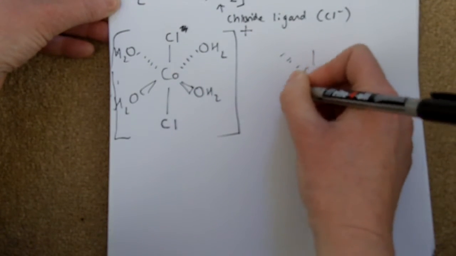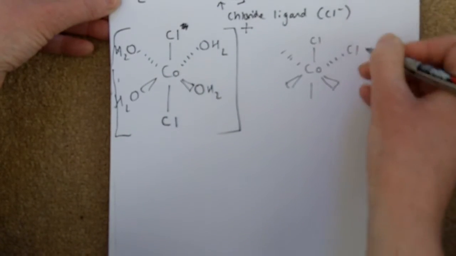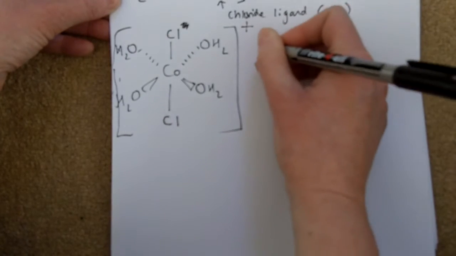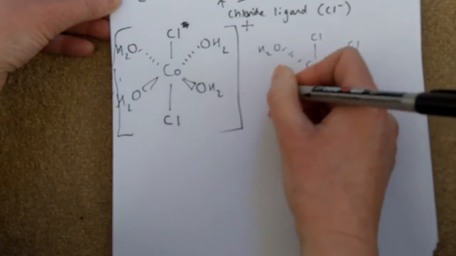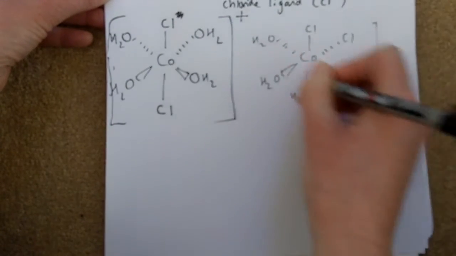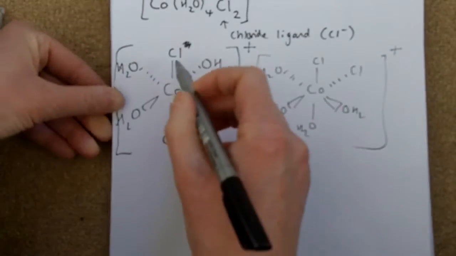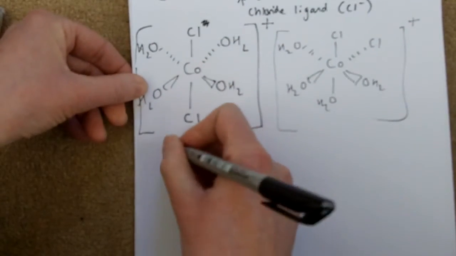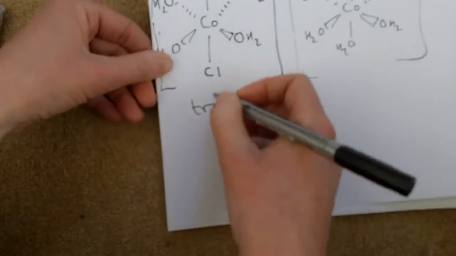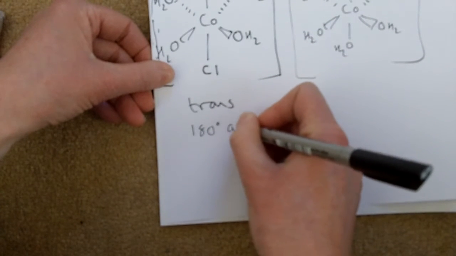What other way could you have the chloride ligands? You could have the chloride ligands next to each other, and then the water molecules like that, then fill it in with square brackets and the plus charge. This is called the trans isomer because the chloride ligands are 180 degrees away from each other.